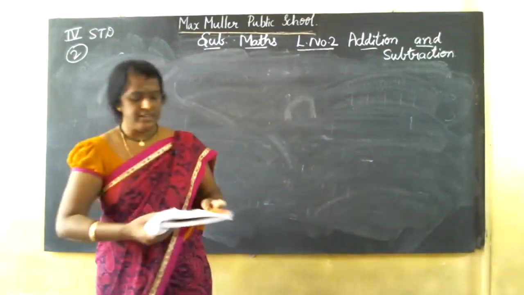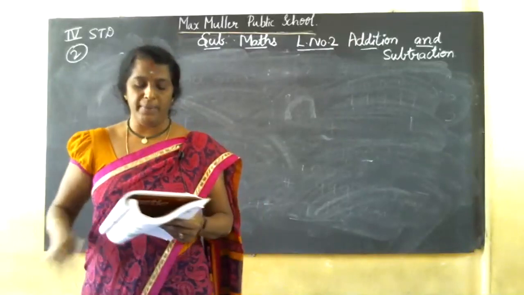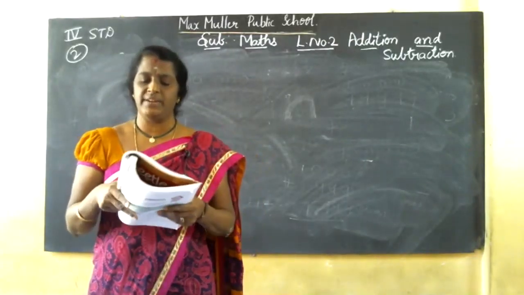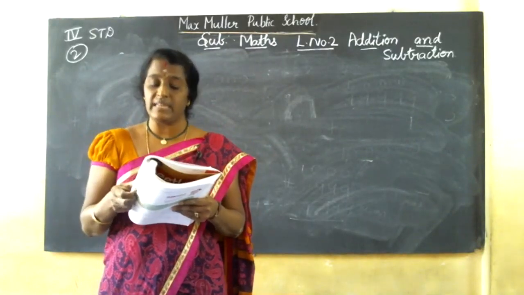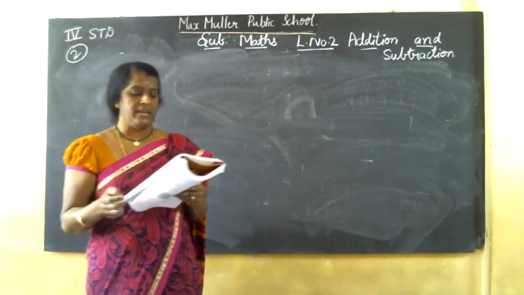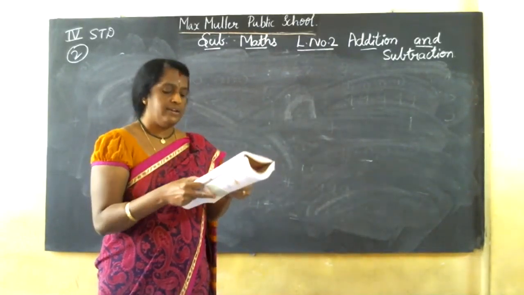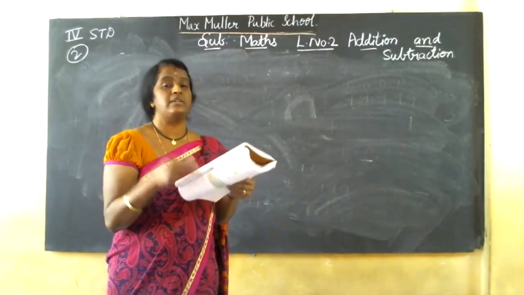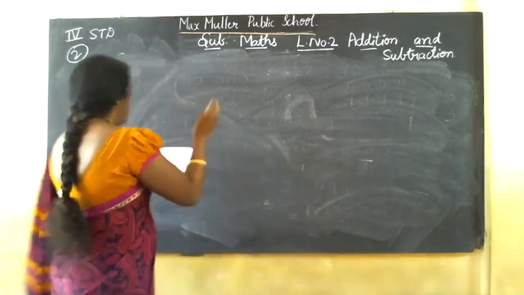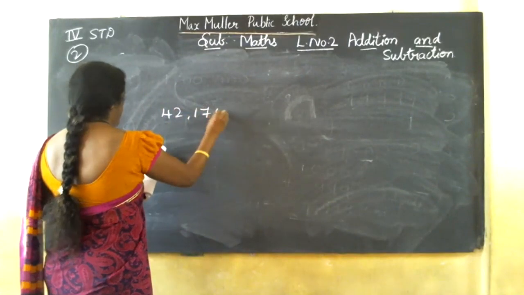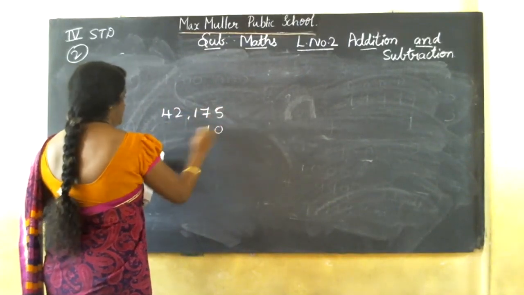After that, adding 10 to a number, example sums. When we add 10 to a number, the digit at the tens place is increased by 1. When we add 100 to a number, the digit at the hundreds place is increased by 1. See here, for example, the first sum, plus 10.